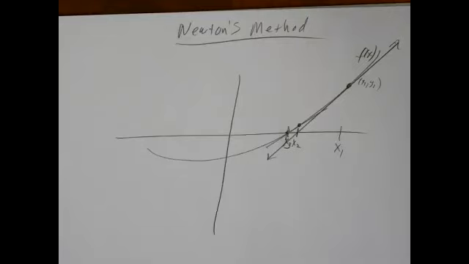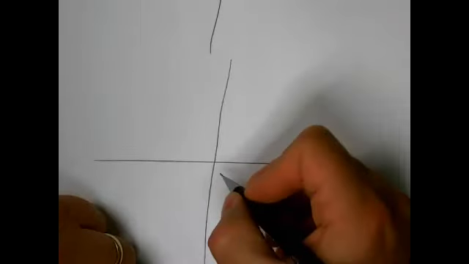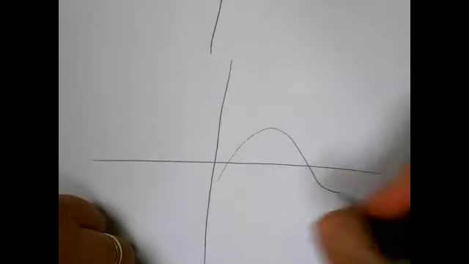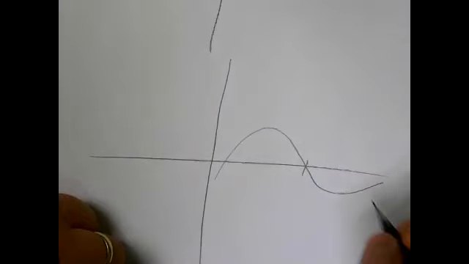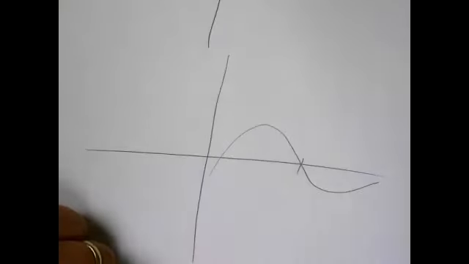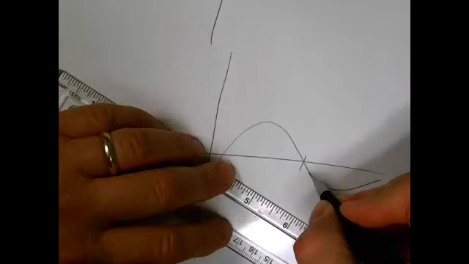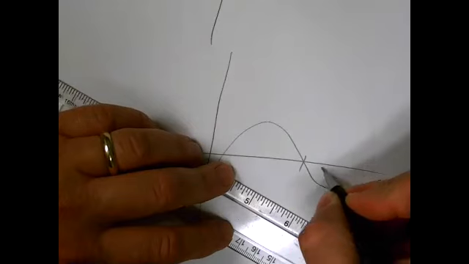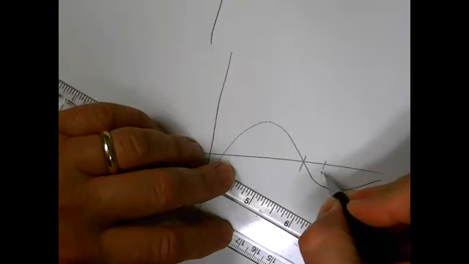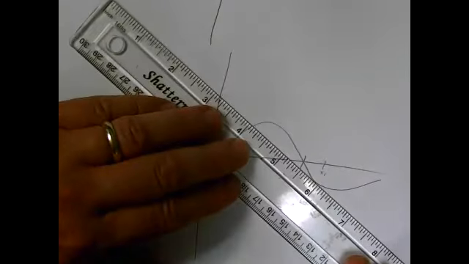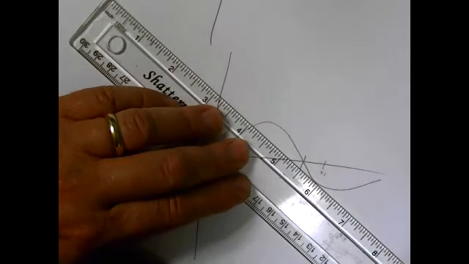There are instances where, and it's a little hard to draw, but I'll make an attempt, if you're looking for this particular intersection, you make your guess, and let's say your guess isn't perfect. Let's say we make a guess right here. This is our x sub 1, and the tangent line that goes with that bumps us up here.